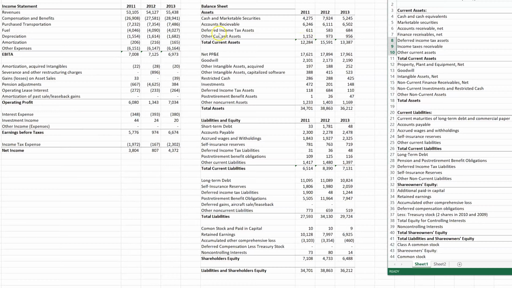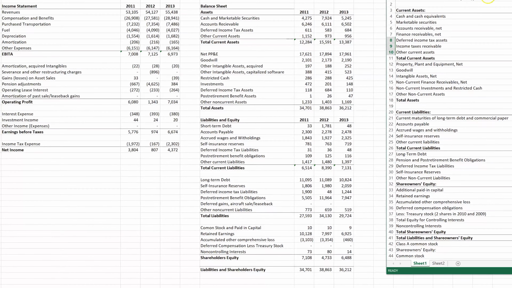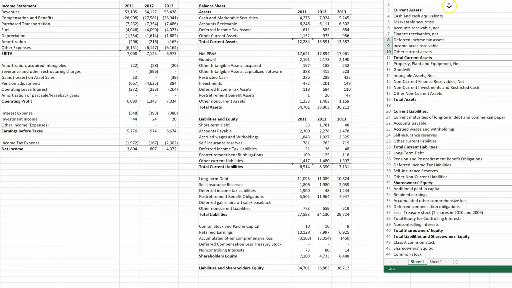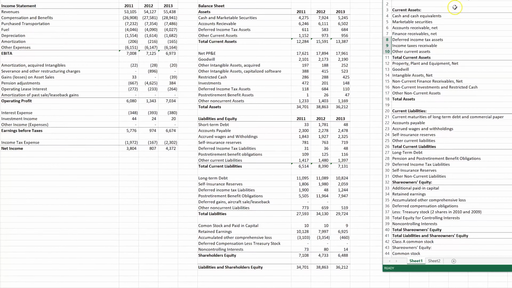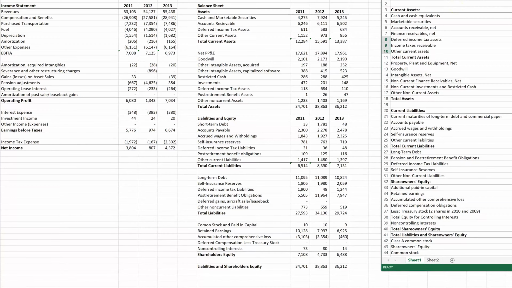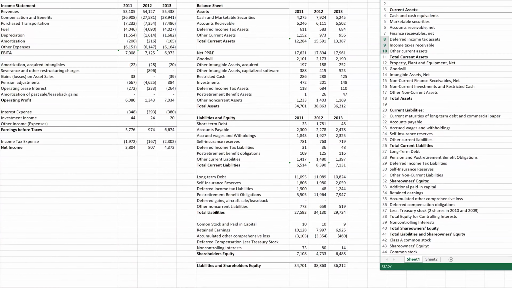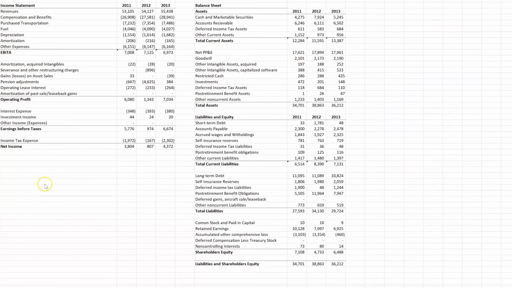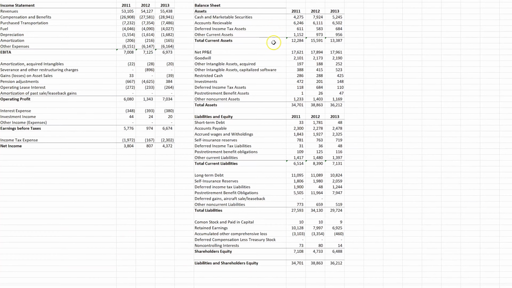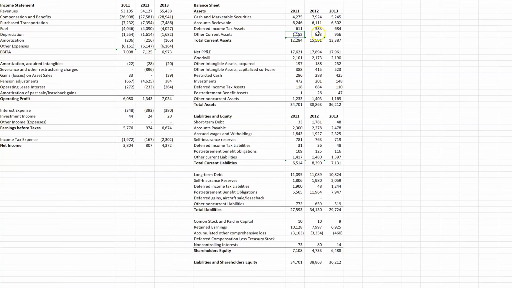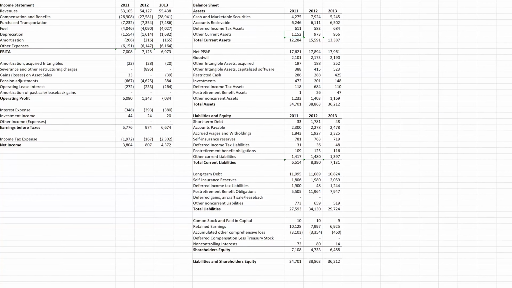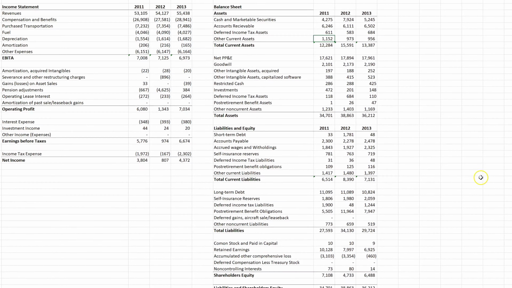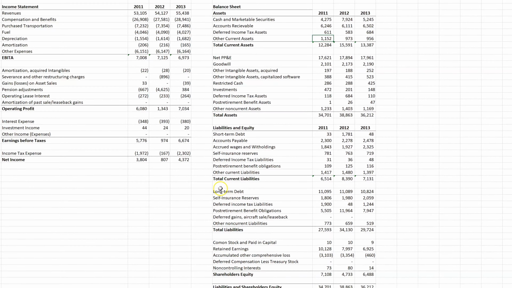So we already know that some of the data that we end up with is going to be more condensed than maybe we even need. That's one of the things that we always have to be careful about when we're looking at these consolidated financial statements, for instance, we already know here that other current assets contains several items that might be relevant to us later in the analysis.